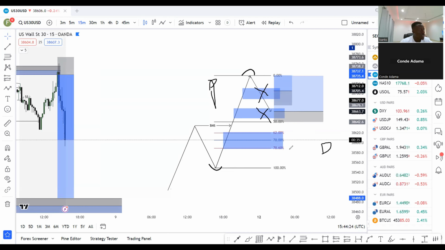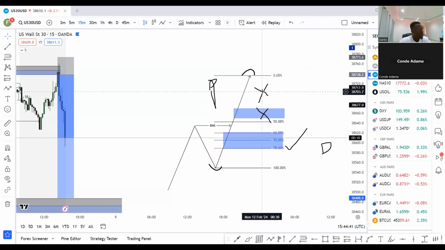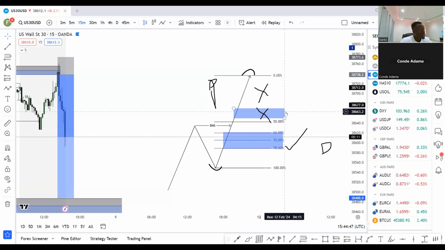Then we focus only on this demand here because we find this demand below our premium price, inside our discount price. You get it? So right now, what we are going to focus on is how to take our entry when price gets into our discount level.